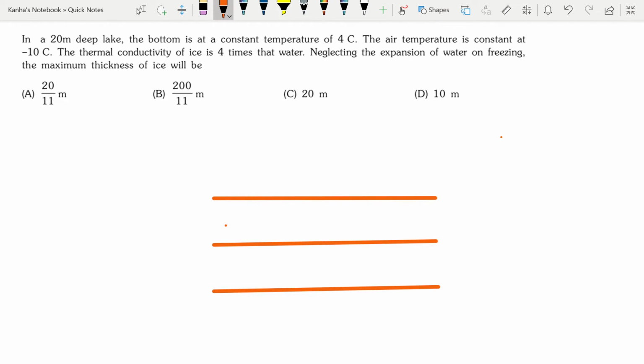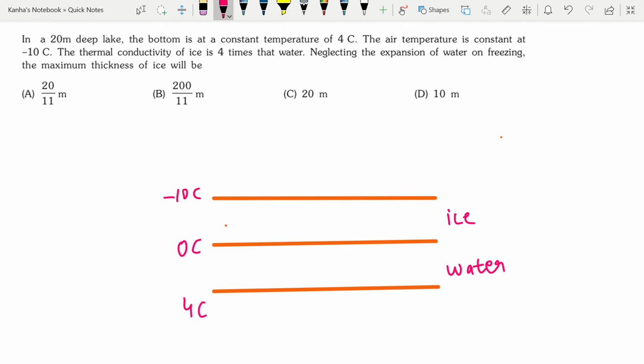With this in picture, I'll just tell you what these things are. Let this be water. Let this be the ice forming on the water. You are given that this is 4 degrees Celsius, this is 0 degrees Celsius, and this is minus 10 degrees Celsius.